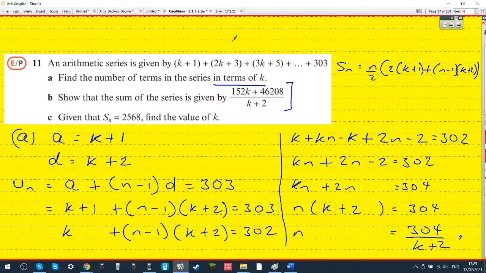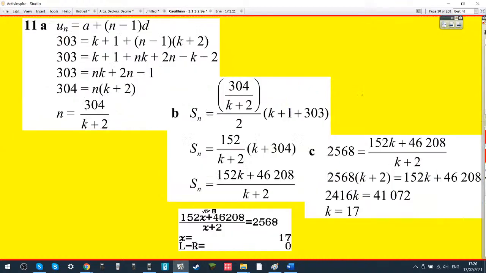We're trying to eliminate n. Oh, sub that in for n. Correct. Wherever there's an n, replace it with 304 over k plus 2, and then you do lots of expanding, and you hope that you have that at the end. What I would do is just sub it in and just write the answer. Yeah. Let's see how wrong I am.